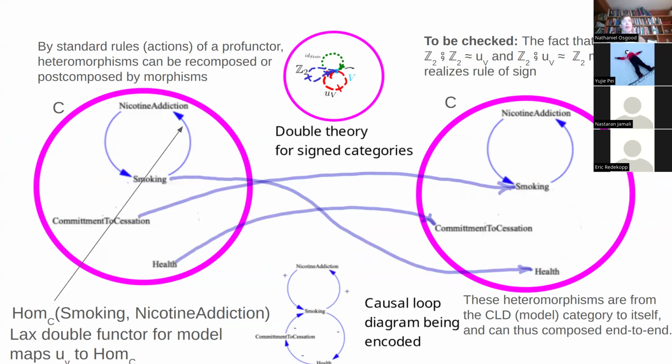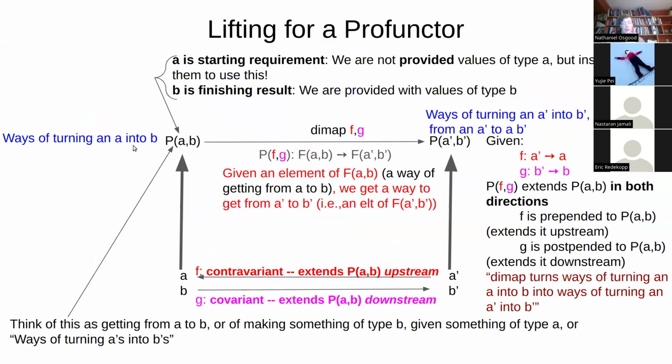We also talked about envisioning profunctors in a double model context, as representing causal loop diagrams, where the Hom profunctor, the profunctor that we use all the time when reasoning about Hom sets, Hom of A comma B, meaning the set of arrows from object A to object B. Here we can have profunctors from a category C to a category C to encode the minus links, whereas the Hom profunctors encode the plus links.